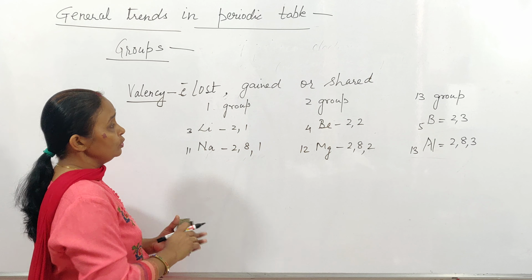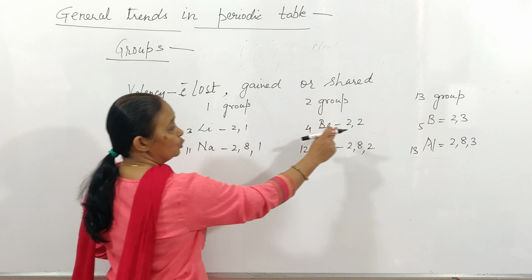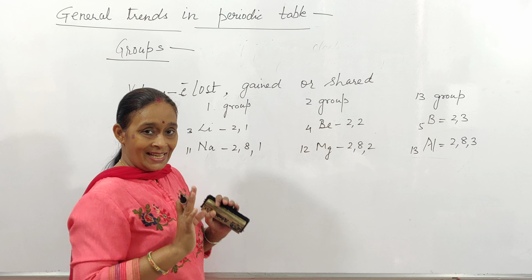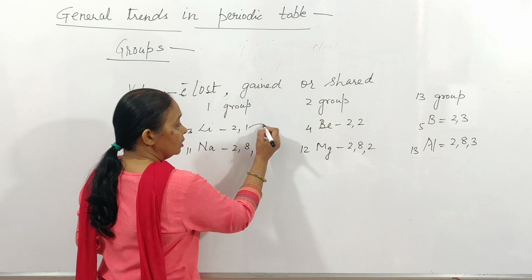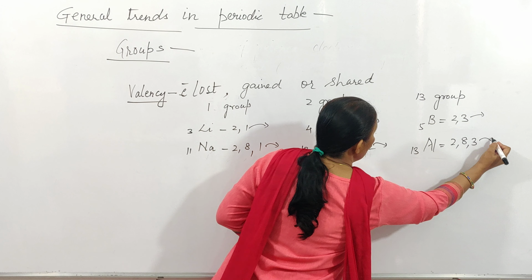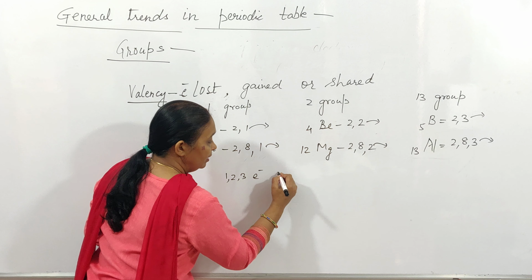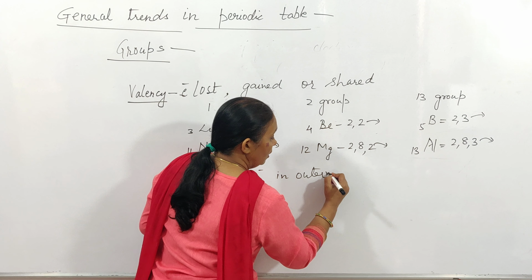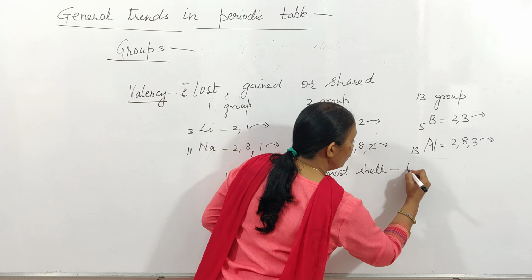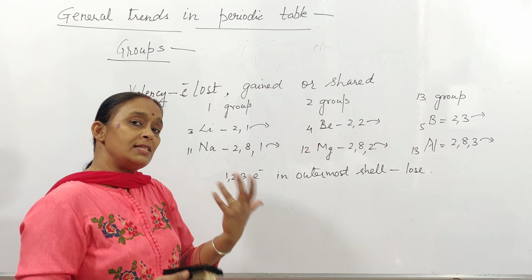So if you see these elements of group 1, 2 and 13, what do you find? They have 1 electron, 2 electrons and 3 electrons in their outermost shell. What happens to become stable? They lose these electrons. Means if the elements have 1, 2 or 3 electrons in outermost shell, they lose the electrons, and whatever the number of electrons is lost, that only is the valency.